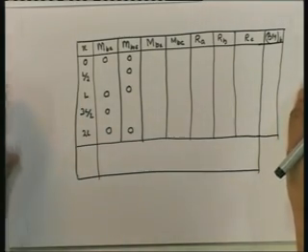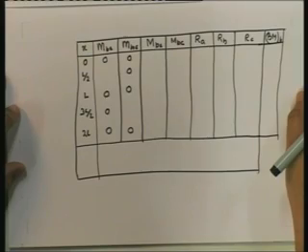If I find it out for L by 2, what would be the value? Just plug in x equal to L upon 2, substitute it in, and you will see that this becomes 3L upon 16.